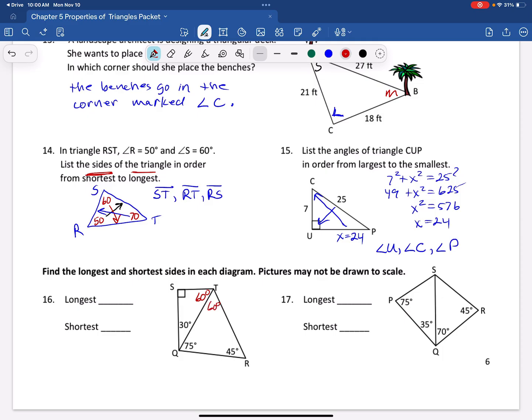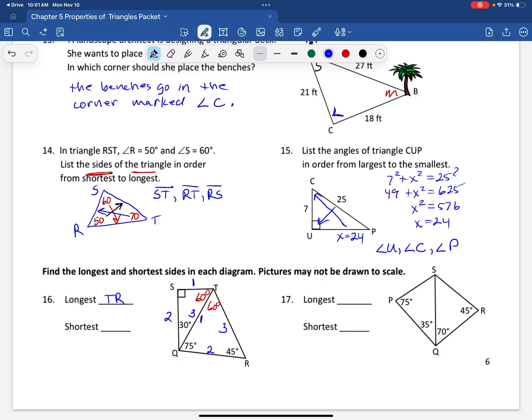Okay, so now let's look at these sides. So I'm going to write a number 1 on the shortest side. This is the medium, and this is the longest side. And then in this triangle, this is the shortest side, this is the medium, and this is the longest. So the longest side has to be the TR.